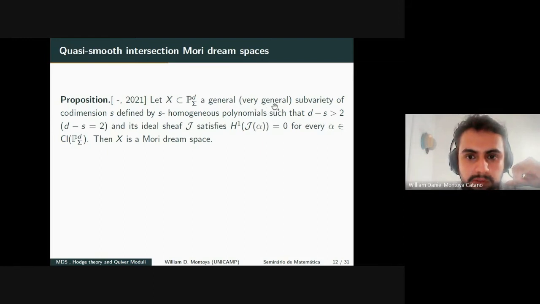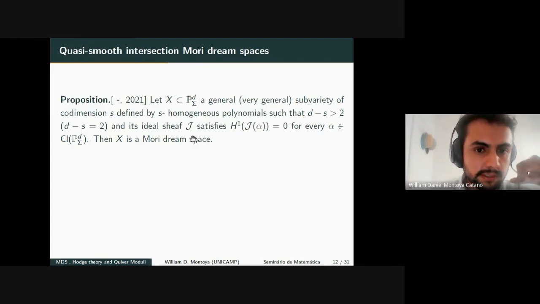I will talk about this later. And I put this strong condition that the ideal sheaf of this variety has vanishing H1 cohomology for all classes in the class group. If you are in that situation, you guarantee that the variety is a Mori dream space.